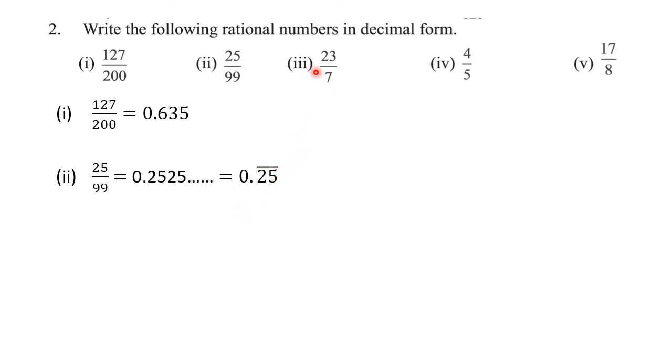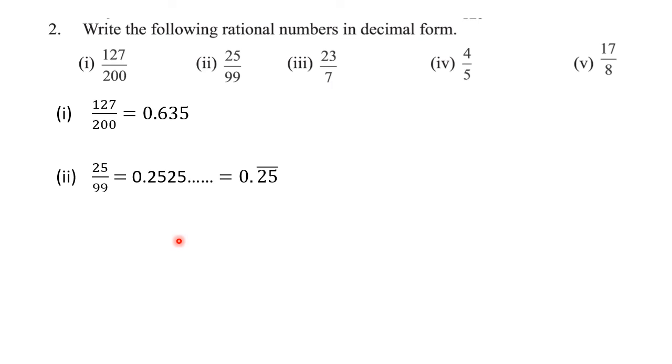Third one, 23 divided by 7. So here the factors are not 2 or 5. So what it means is, again the division is non-terminating recurring type. You have to go on dividing here. You have to divide 23 by 7.